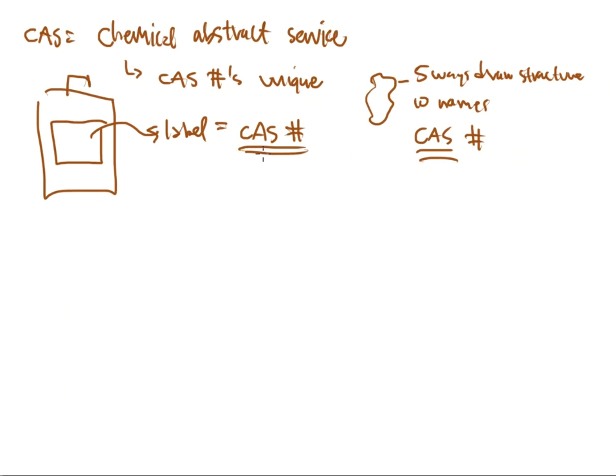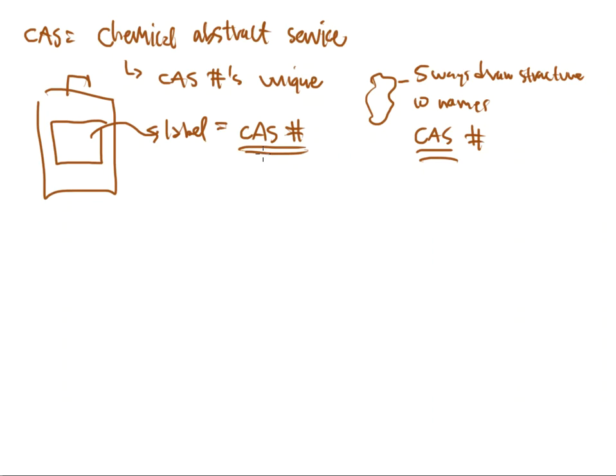So if you're going to be using that chemical, you can look at the CAS number, and then you can type that CAS number into maybe an online resource, and that will immediately pull up the proper information that you need for any of those chemicals that you're using in a laboratory. It makes it much simpler. It makes it easier.